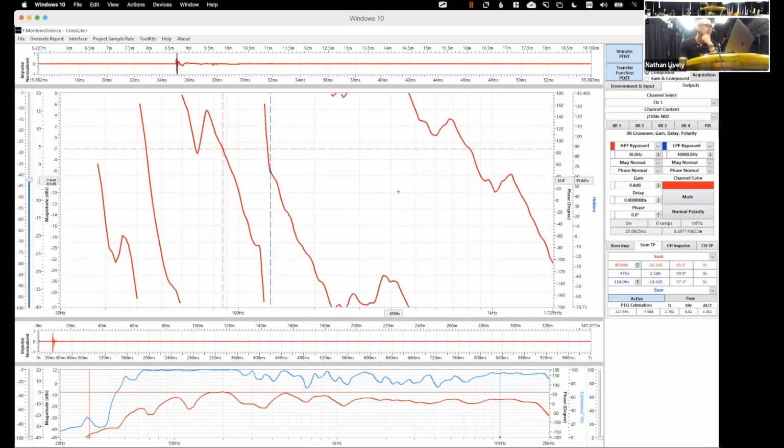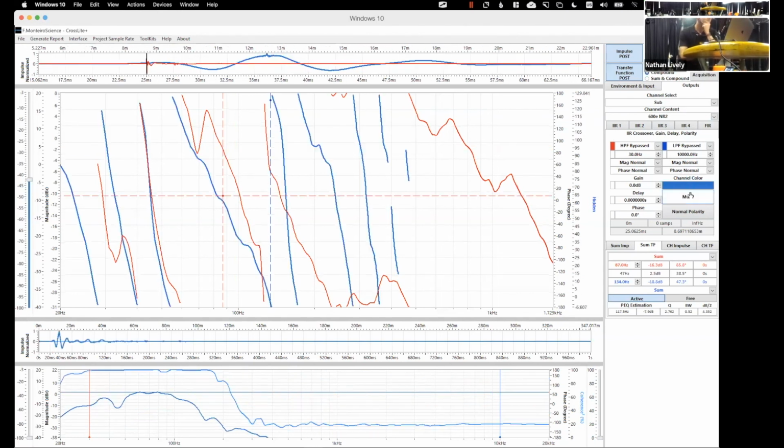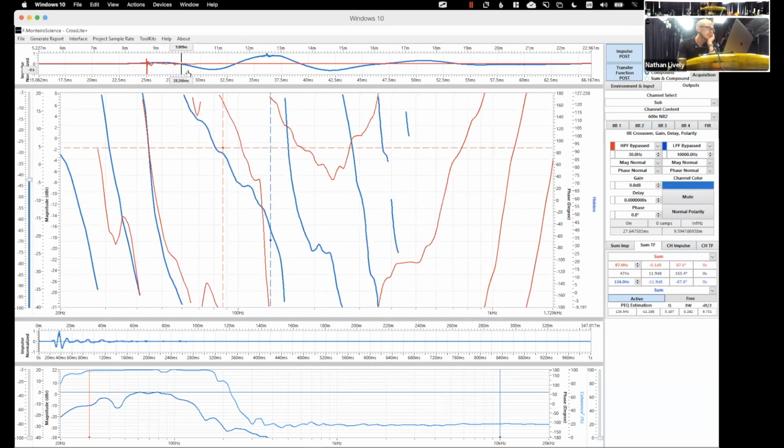So here's our main. Reference to some peak. Okay. And there we go. Yeah, so I can adjust this a little bit. Try to get all the data on the screen here.